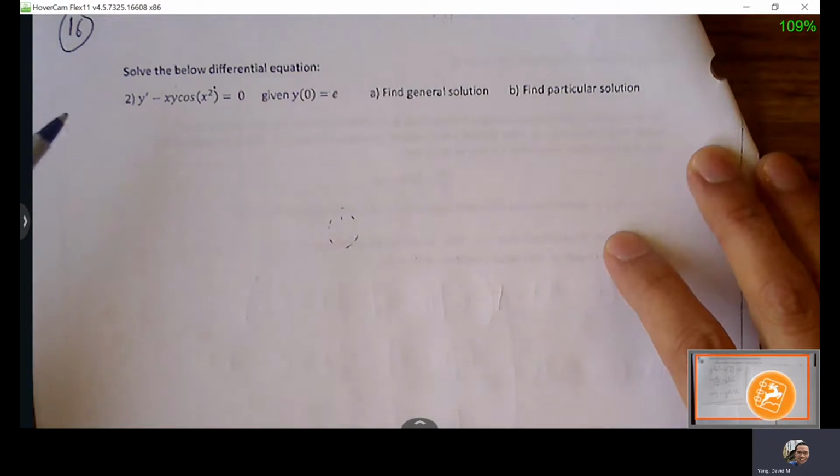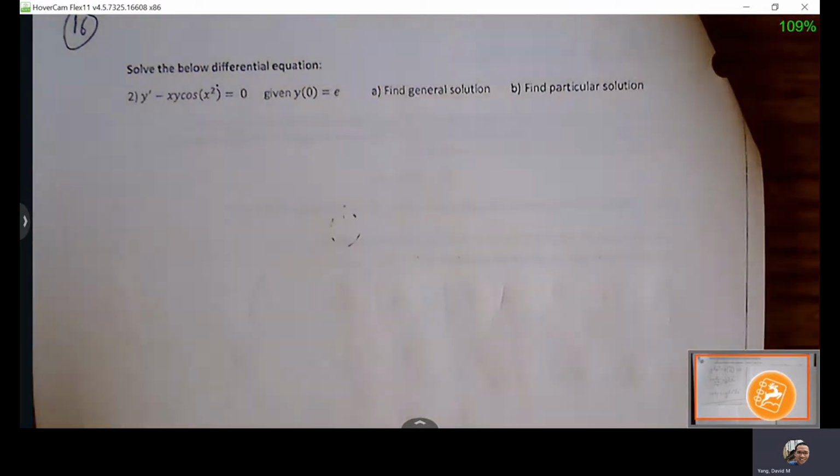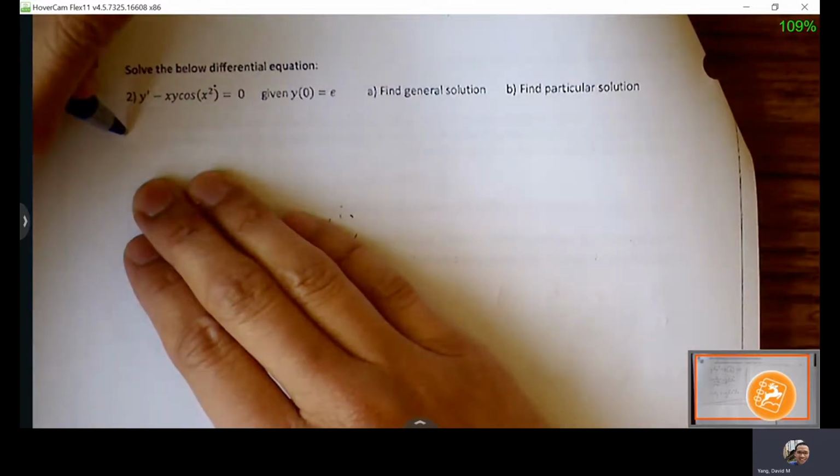Okay, first things first, what can we do with this y prime here? Right, so we're back to x's and y's. Okay, so back to x's and y's, so we can do dy dx.